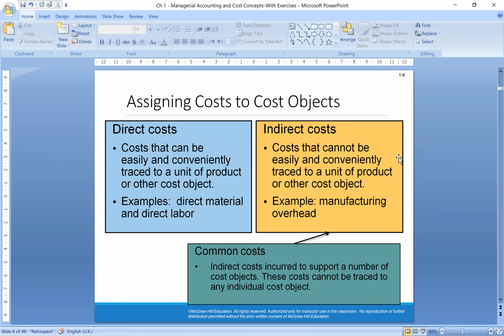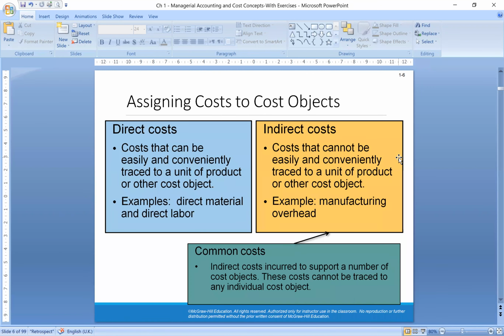Suppose we are in a manufacturing company producing tables. Then the wood will be a direct material for the product, which is the table. The labor, which is the employee directly producing that table, is called direct labor.